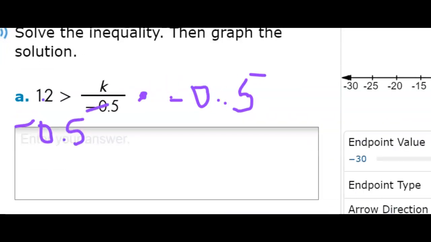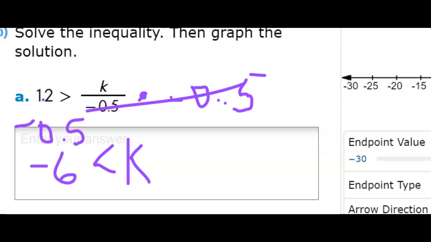And this will cancel out. And then we are left with k. The symbol changes direction. And then we have 12 times -0 and 5/10 is equal to -6.